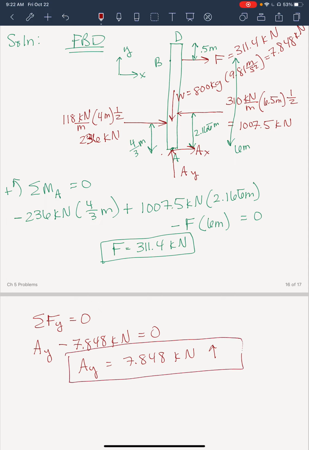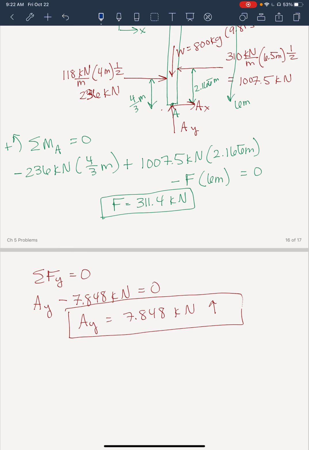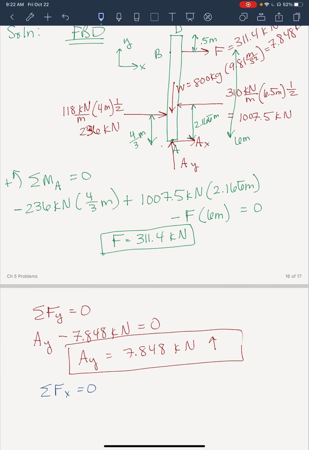It's pointed up. And then we can sum the forces in the x direction equal to 0. We have AX. It's going to the right, so we're calling that positive. And then that 236 kilonewton force is also to the right, so plus 236 kilonewtons.